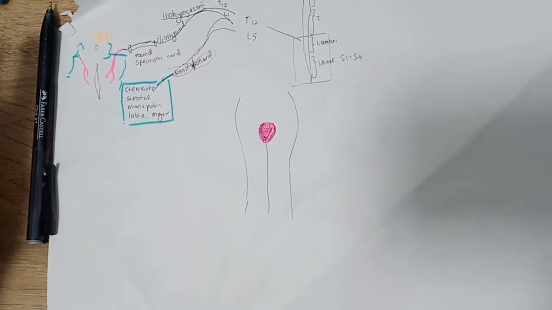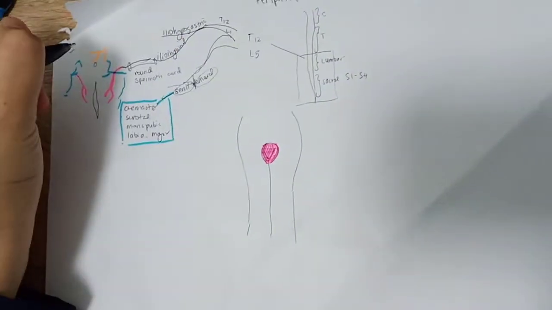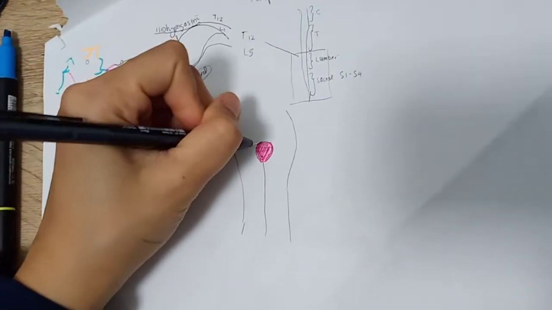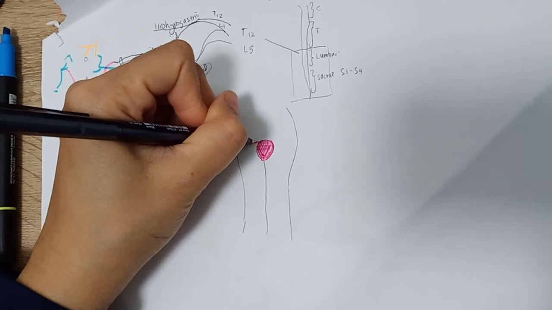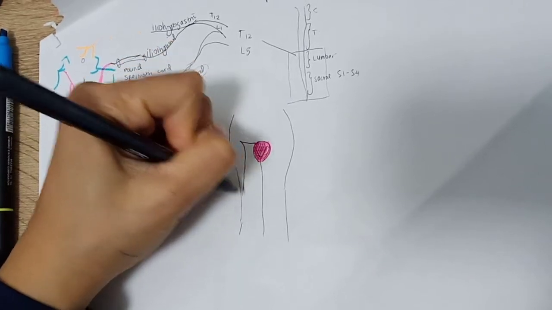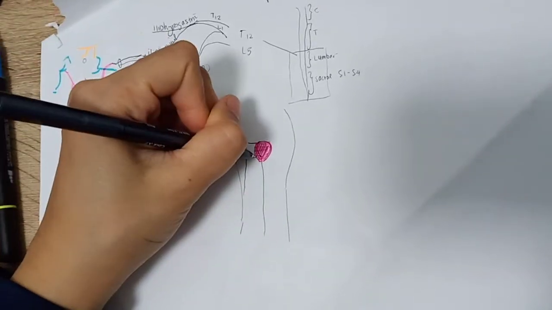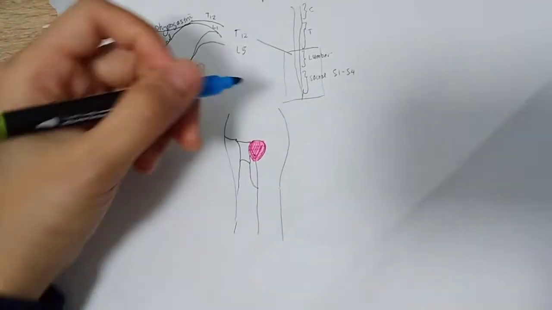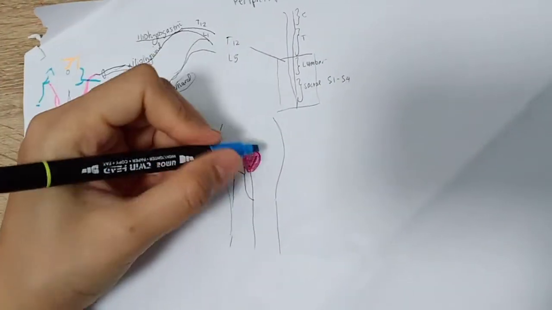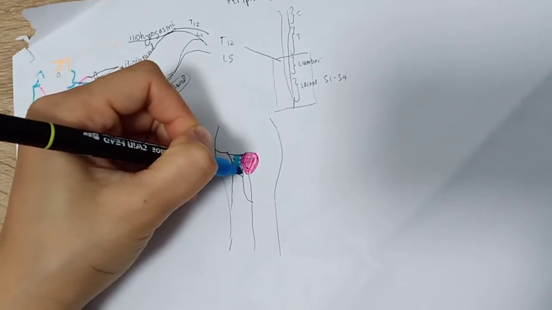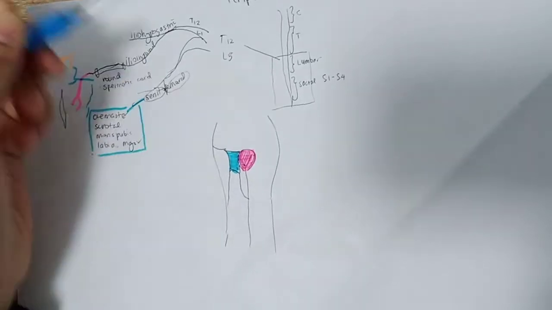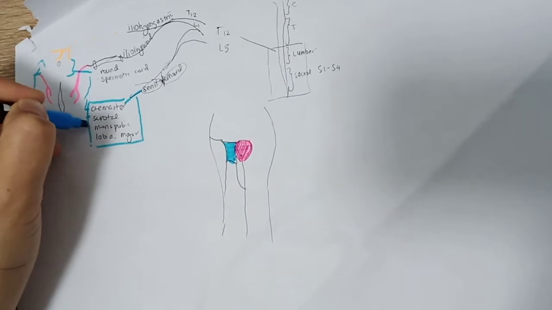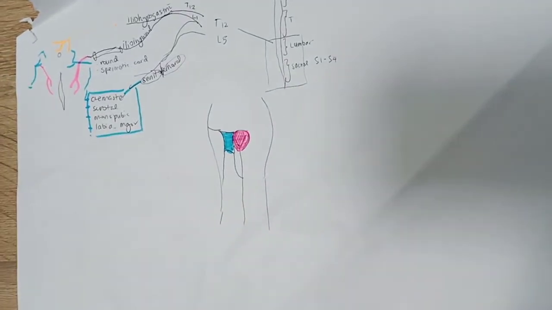And then what we have here is the genitofemoral. So in between the genital and also the femoral, we have the genitofemoral nerve, and here we have the obturator. So let's put it in blue. So it's a genitofemoral. It innervates cremaster, scrotal, mons pubis, and labia majora.